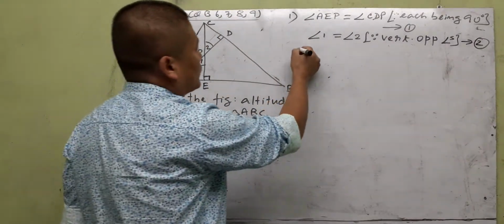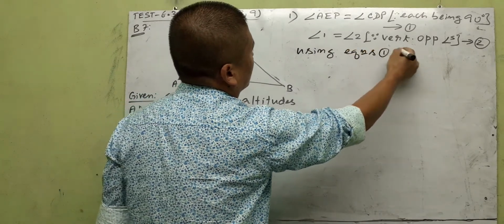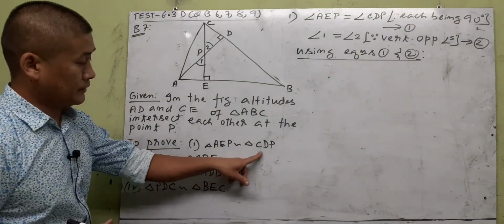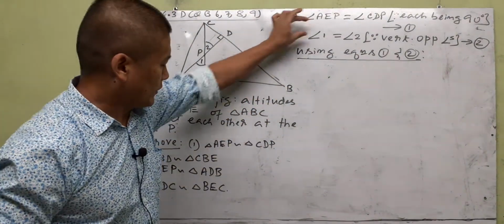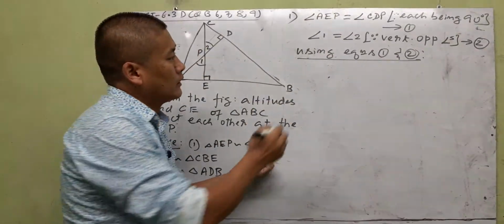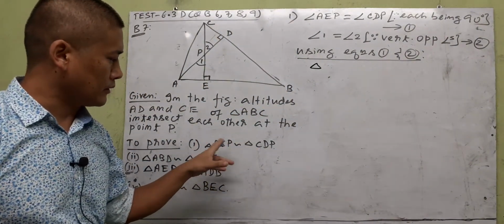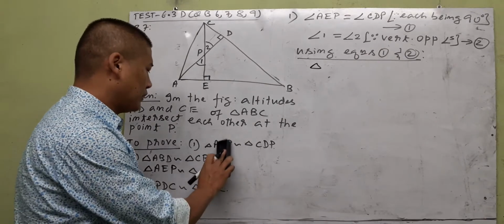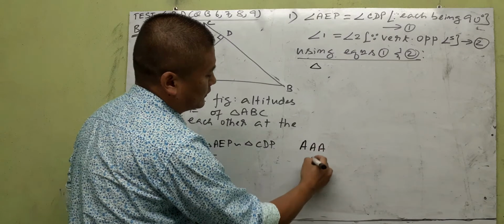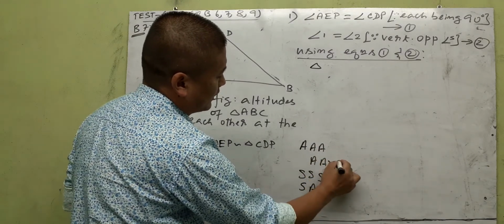Using equations 1 and 2, we see that in these two triangles, 2 angles of this triangle are equal to 2 angles of the CDP triangle. So if 2 angles of 2 triangles are equal, then we know that the 2 triangles can be similar, because the similarity conditions are AAA, AA, SSS, and SAS.